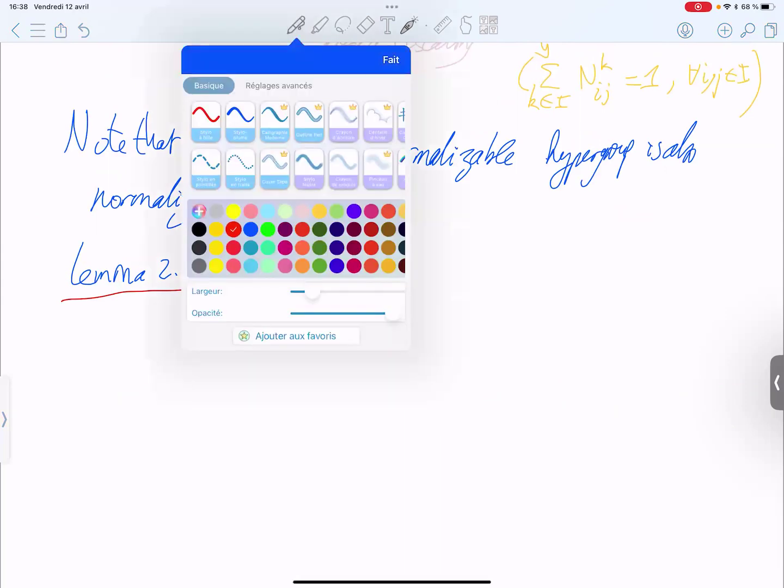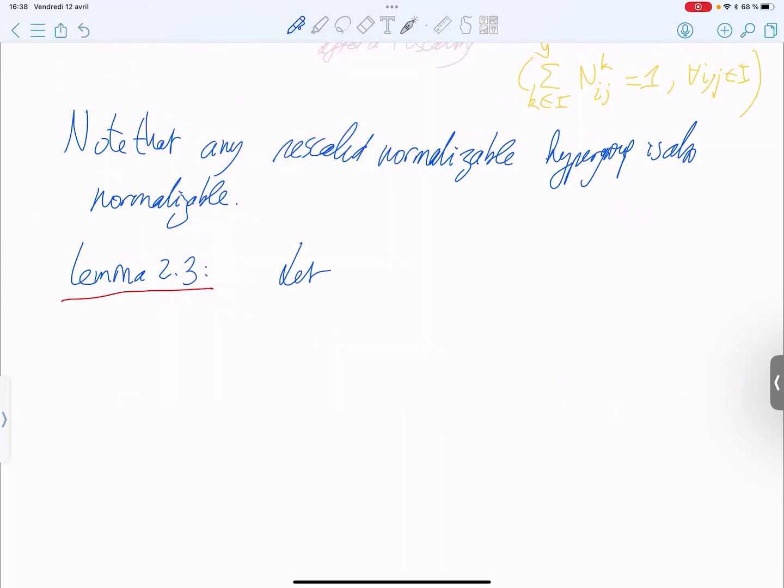So let H be a hypergroup. And you see the existence, we want a column with non-zero entries. And you see it is related to what we mentioned in the introduction about the Burnside property.